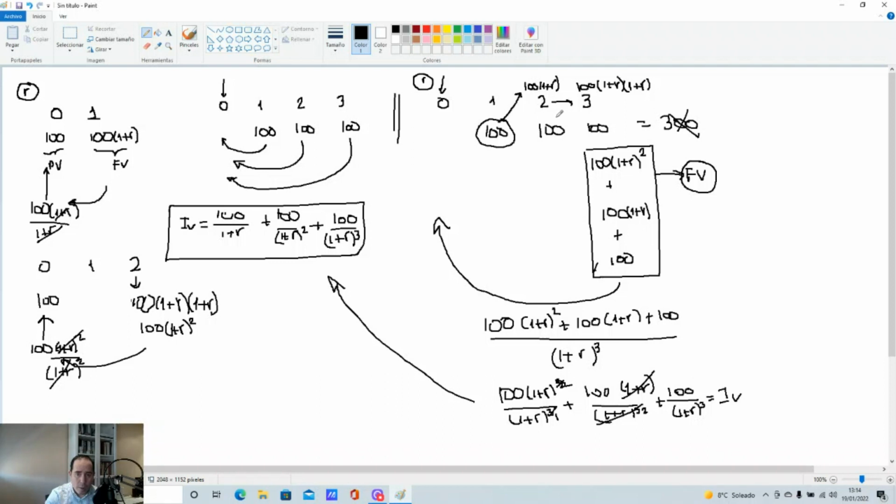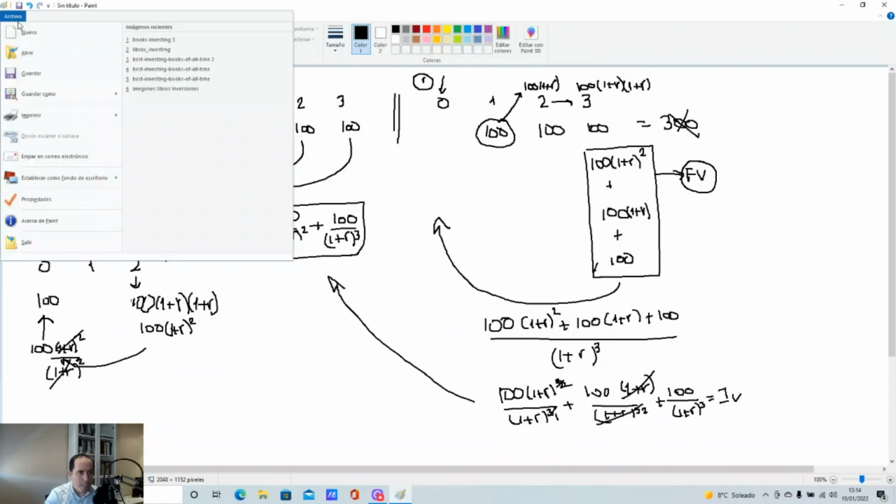And in the second year, you just have one period to take advantage of the return. So this is the main idea behind the calculation of the present value of the DCF using present and future values. I hope that this can be understood fully.